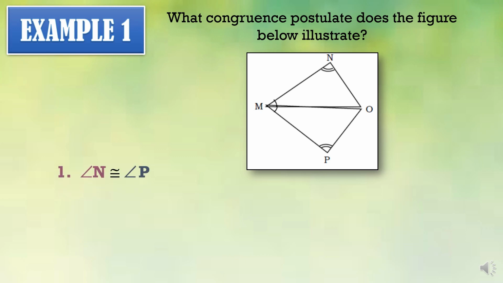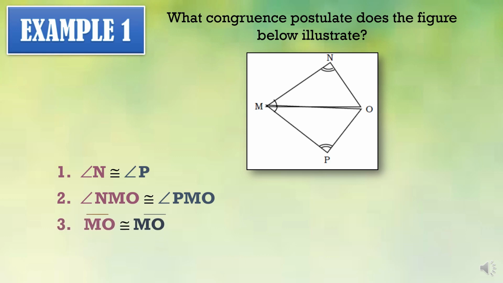Based on the given markings, angle N is congruent with angle P. Angle NMO is congruent with angle PMO. And line segment MO is congruent with itself, by the reflexive property.